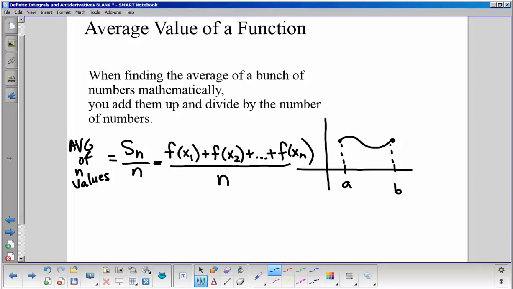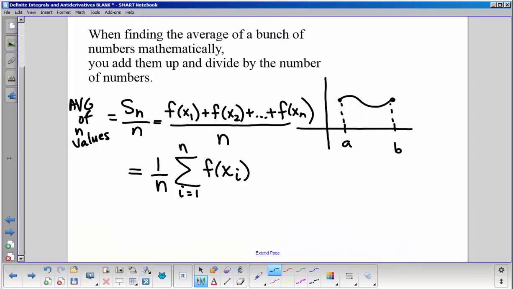Now last time I hope you discovered that when you're adding up a bunch of numbers, there's an easier way to write this. Summation. So we could say that's the summation from i equals 1 to n of f of x sub i, and then I'm going to pull the 1 over n out in front. Is that okay? Now, what are you thinking when you see this?